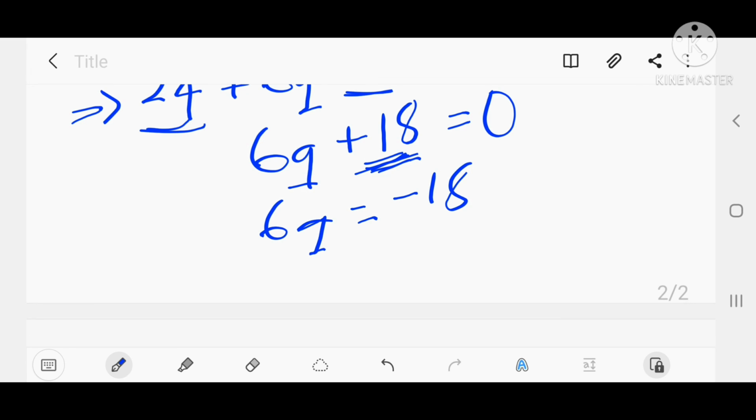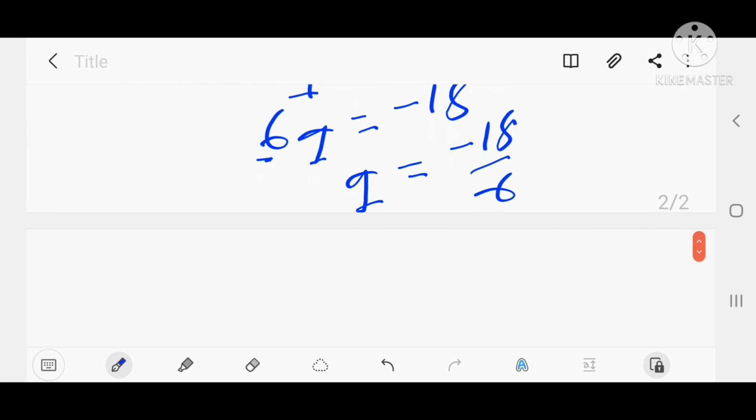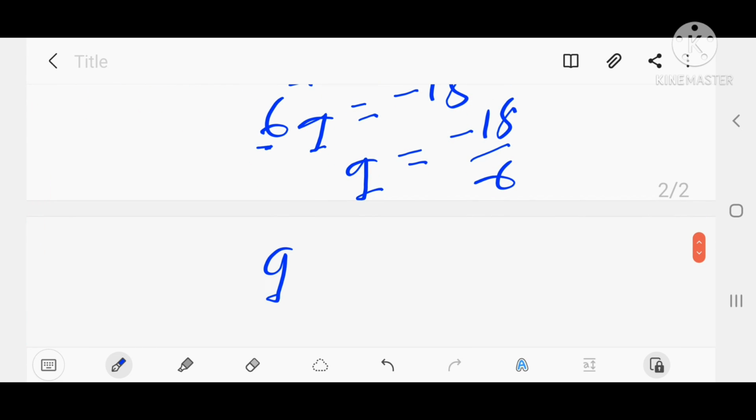Dividing both sides by 6, the coefficient of q, we have q equals negative 18 on 6. So that means q is equal to negative 3. So that is the value of q.